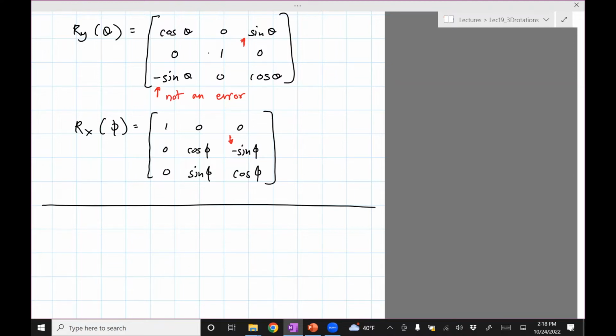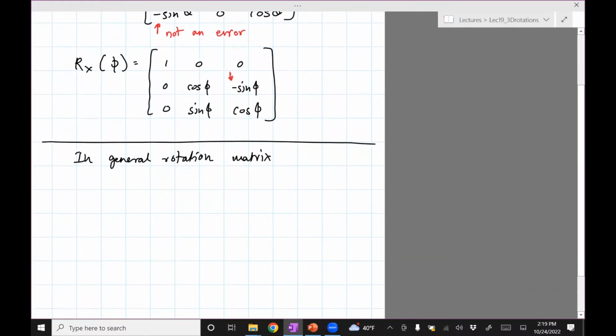So what we can do is write a general rotation matrix, something more generic than what I wrote down here, as R equals R11, R12, R13, R21.